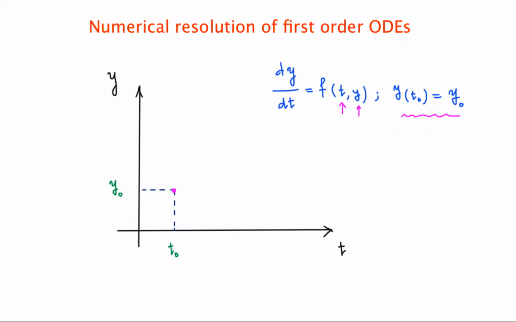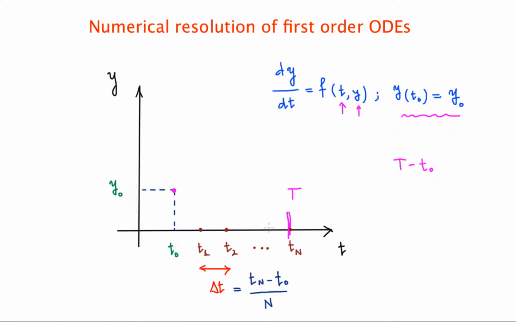And that's going to be the mesh we are going to consider. So if you consider, for example, that this is the last time, we're going to call it capital T, where you want to calculate your y function, the time range where you have to calculate your y function is capital T minus t0.